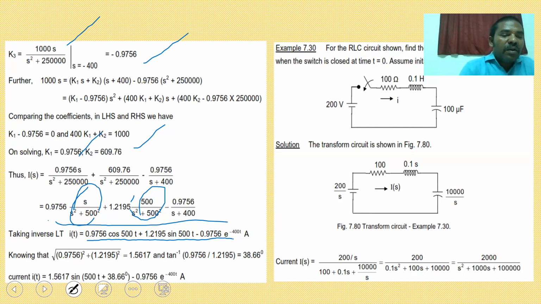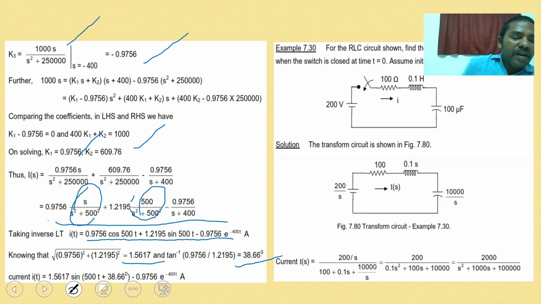So now for further simplification, if you want to write, the magnitude of the cos and sin values under radical is 0.9756 square plus 1.2195 square under root. You are getting the value 1.5617, and tan inverse of 0.9756 divided by 1.2195 gives 38.66 degrees.